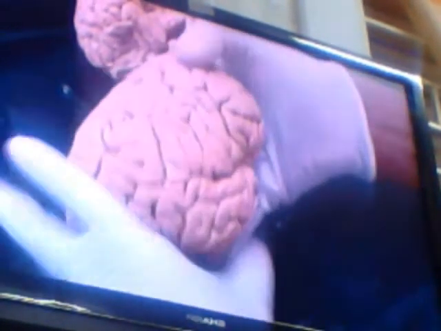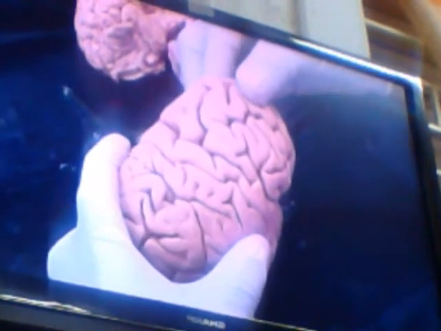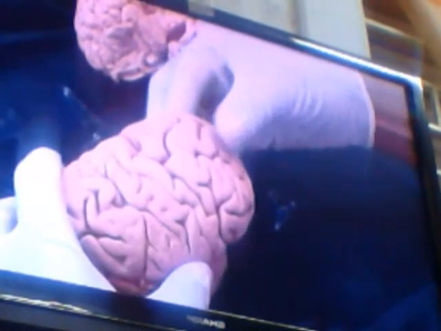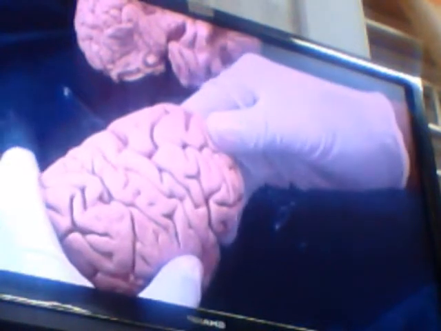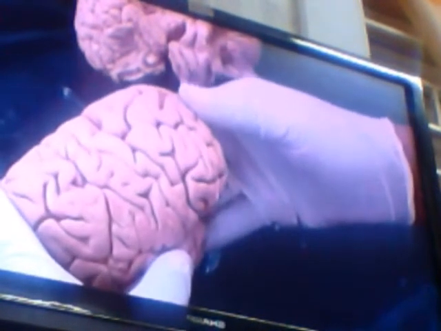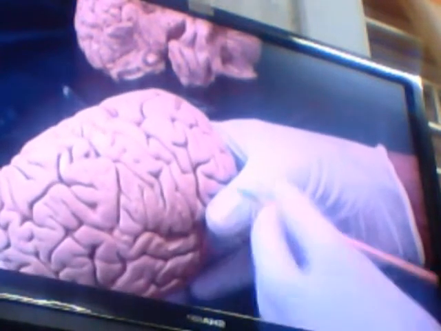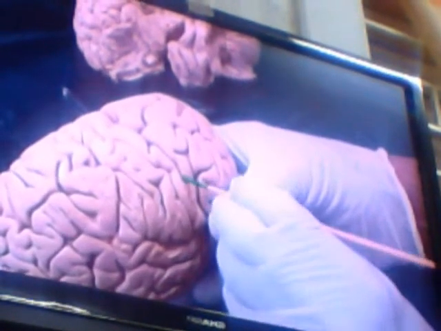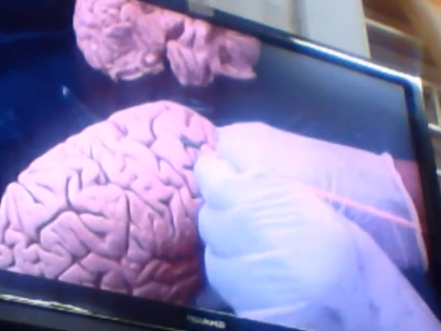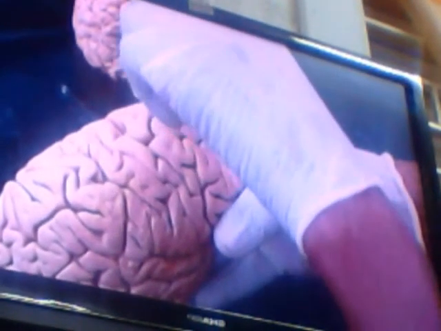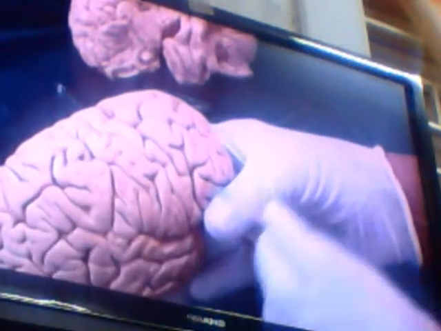Now, the frontal lobe has, when looking at the brain, basically all these thin lines and bodies, what do you call these depressions? Sulci, sulcus, one sulcus, more than one sulci.